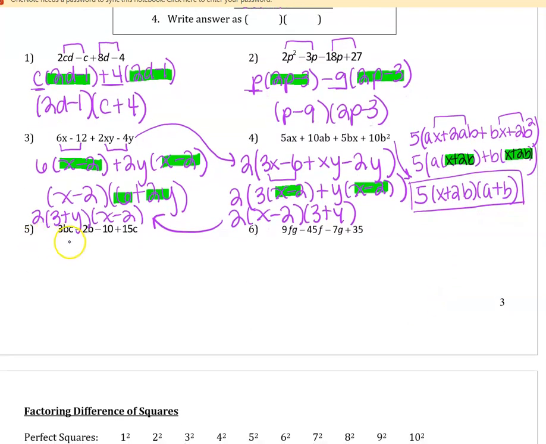Okay, taking a look at number 5. I have 3bc minus 2b minus b plus 15c. Out of the first 2, I can pull out a b. Out of the next 2, I can pull out a 5 and maybe a -5.